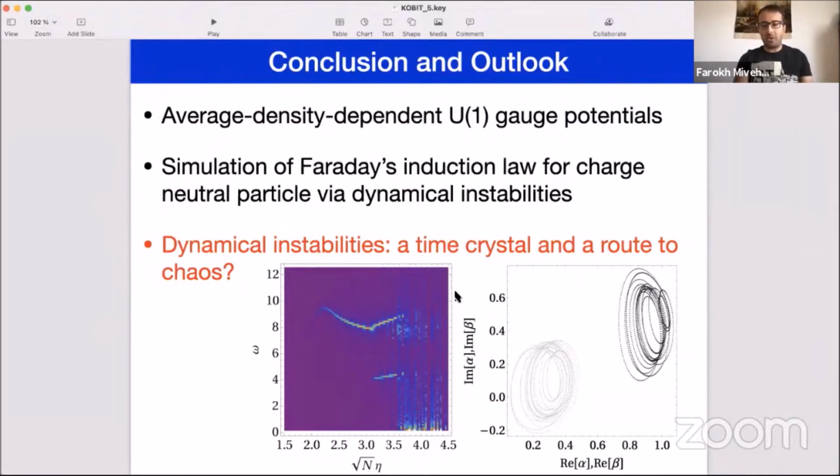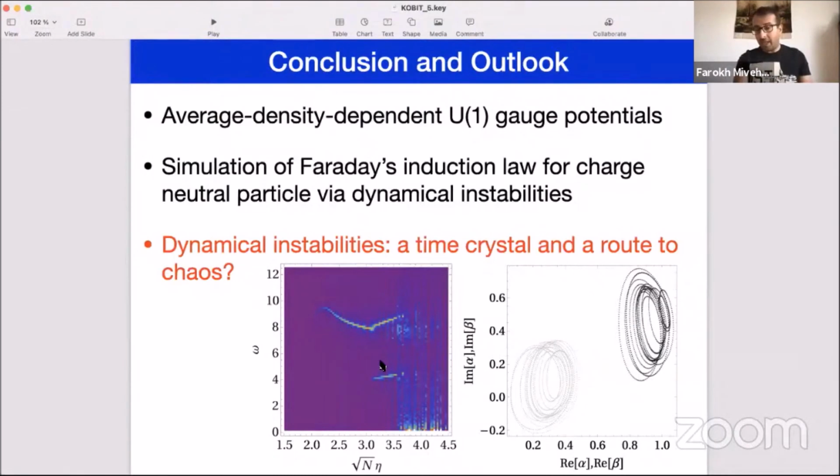So now the question that we are exploring is: could we identify this periodic behavior and this emergence of Faraday's law as a kind of time crystal? Because this periodic behavior breaks the time translation of the system.